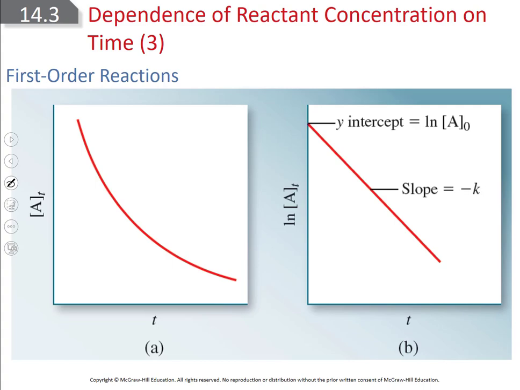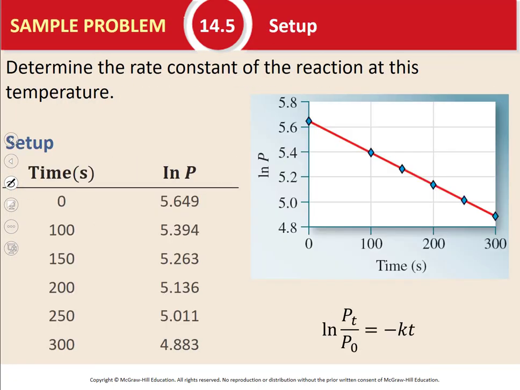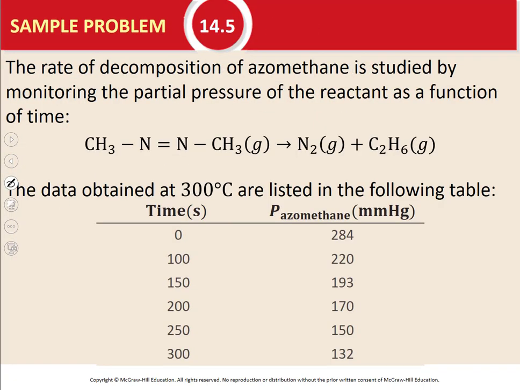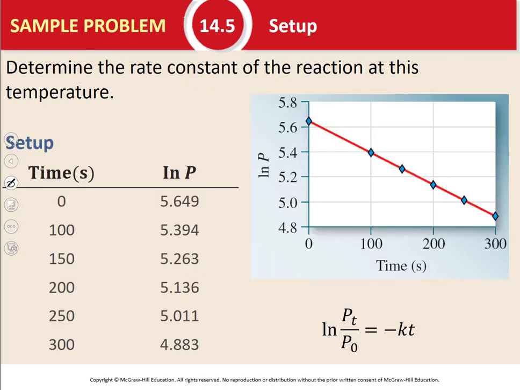Natural log. Okay. So first thing we're going to do is take these pressures, because again, pressures and concentrations are the same as far as rate laws, and we're going to take the natural log of all these numbers. So we're going to make a new table, still time, but now the natural log of the pressures. We graph that, sure enough, we get a straight line.